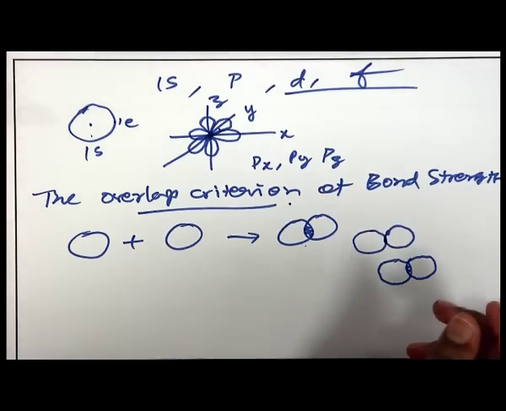That means when there is a higher overlap, there is a buildup of electrons between the two nuclei. When there is a buildup of electrons between them, the electrons are shielding the two nuclei.